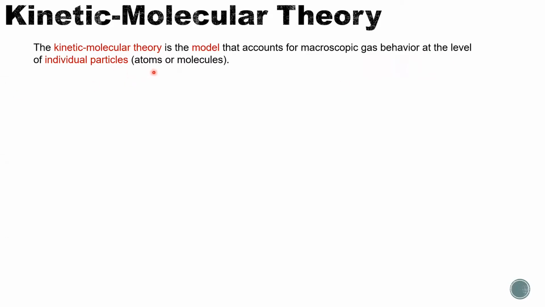Particles means atoms or molecules. So this is the theory that explains what you observe in your experiments or your daily life, but we'll explain these phenomena at the molecular level.